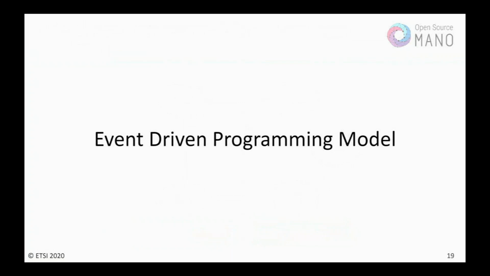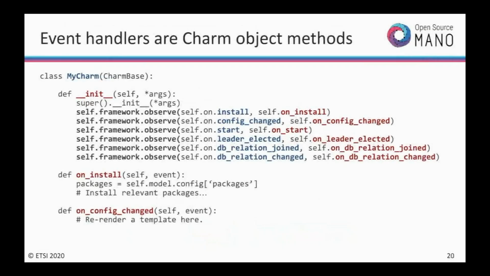We've also introduced the event-driven programming model into writing charms. So your charm code would look something like this. You would have your charm type with the events that you would like to observe declared, and there would be handlers that would handle those individual events.